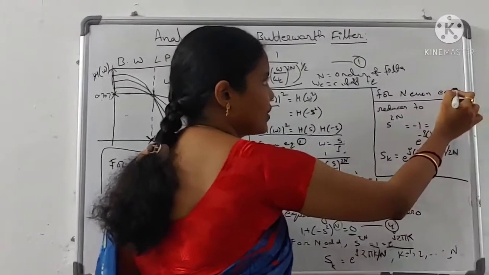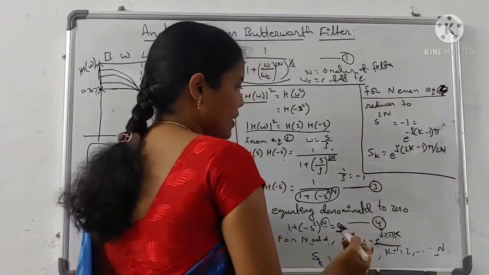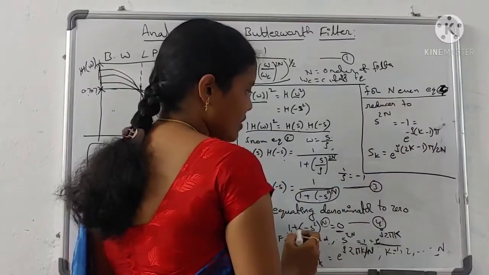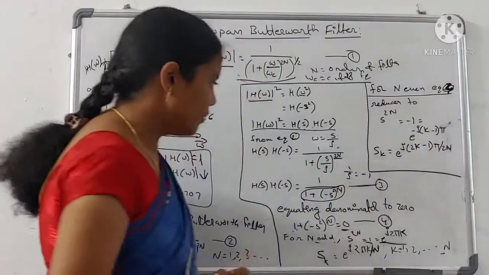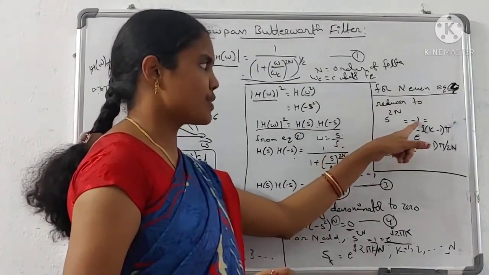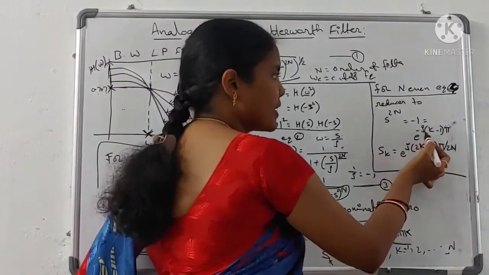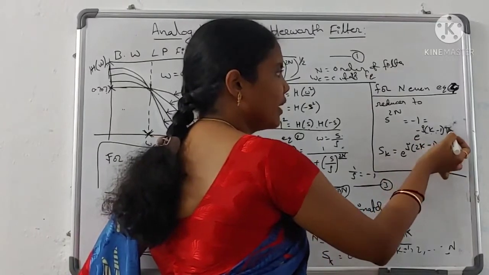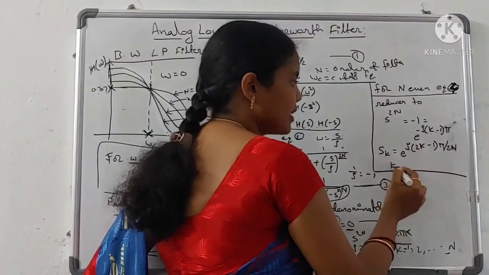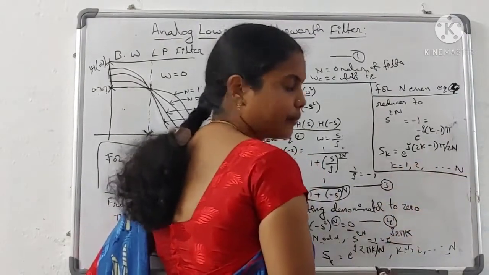Now take n even values in this equation. Taking even values, you get s power 2n equal to minus 1, which can be written as e power minus j (k minus 1) pi. Here k takes the values 1, 2 and so on up to n.